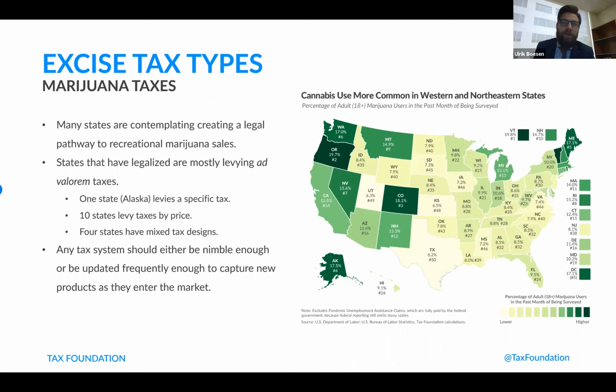And then there's the big if when it comes to cannabis taxes. The big if is, what if the federal government decides to deschedule cannabis and legalizes interstate competition? Well, if you have a price-based tax and interstate competition becomes legal, you're likely to have some issues.